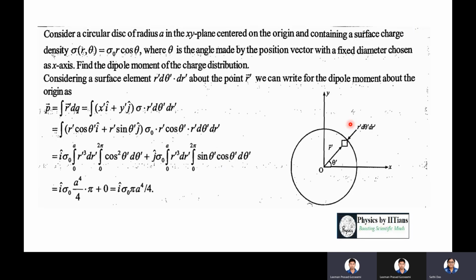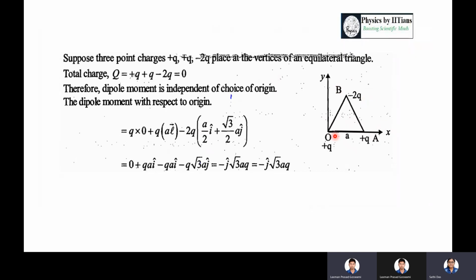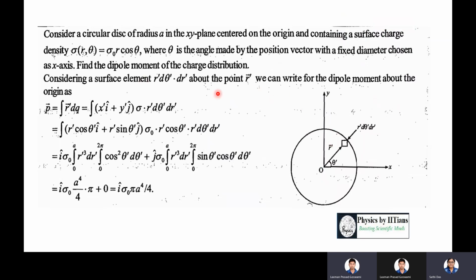The next question, suppose this is a continuous charge distribution instead of discrete. What will it be for the continuous charge distribution? Same kind of question, the only difference is that the charge is continuous.